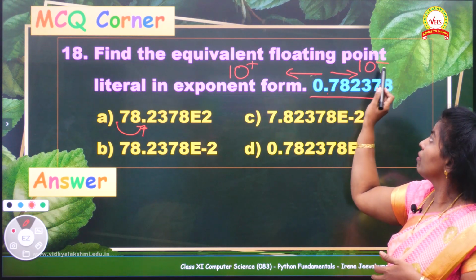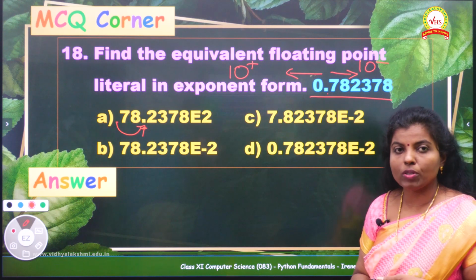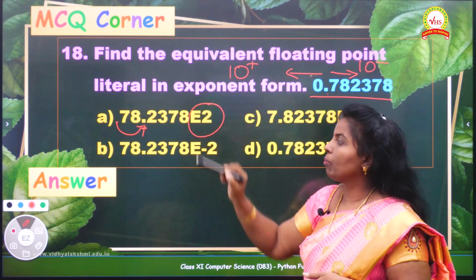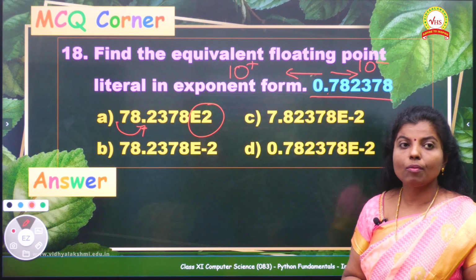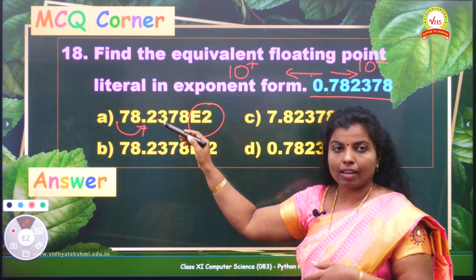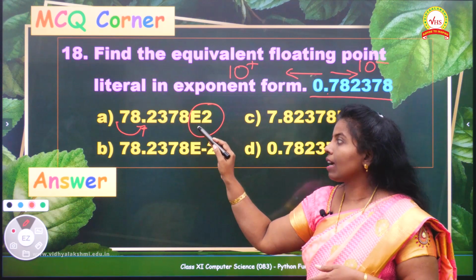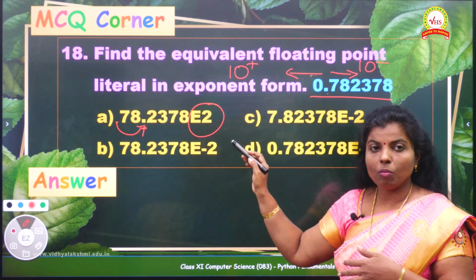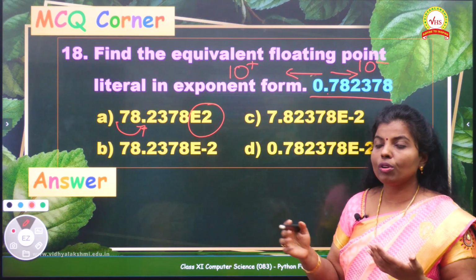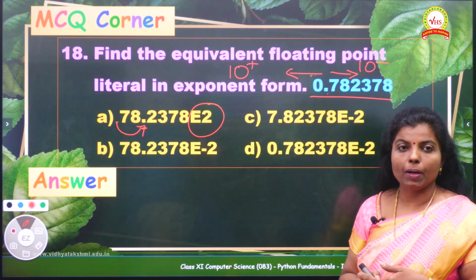So in which power do we have to represent? In negative powers of 10 we have to represent. But in the exponent part, it is represented as a positive power of 10. So 2 digits we have moved towards the right, so we have to express it as e minus 2, but here it is represented as e2. So this is not going to be the equivalent number.